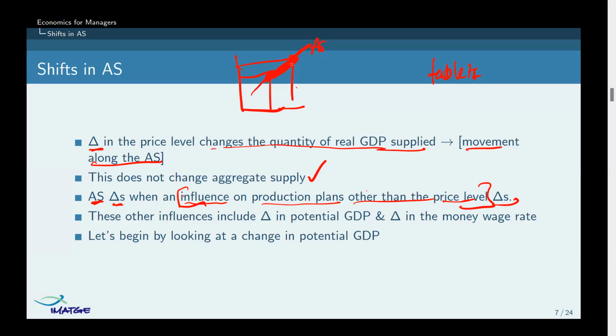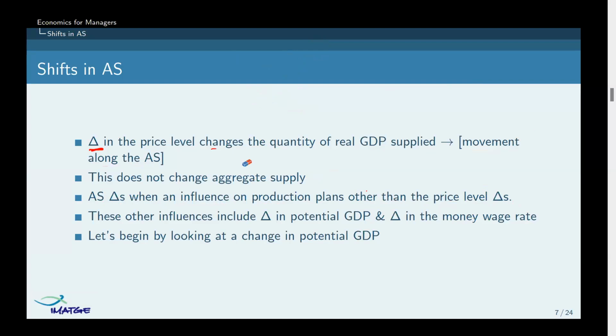Aggregate supply curve. If you look at this, you will see that these other influences include changes in potential GDP and changes in the money wage rate. I will show you what I'm saying here. These are just examples. Remember, include means that these are just examples, but there are other factors that we can look at.